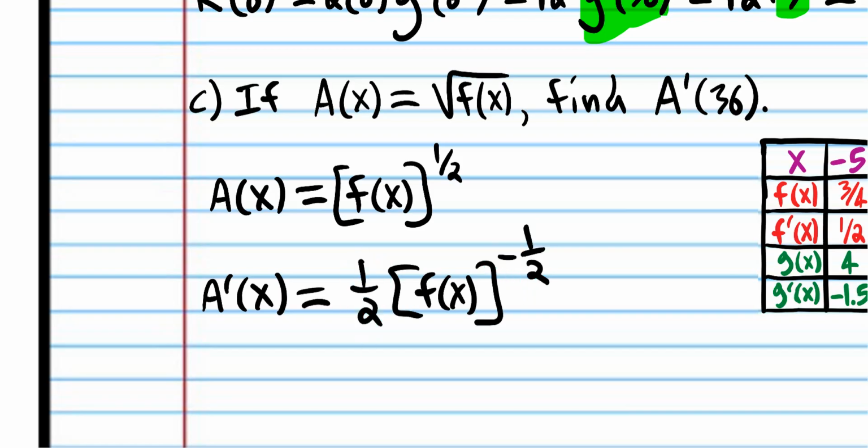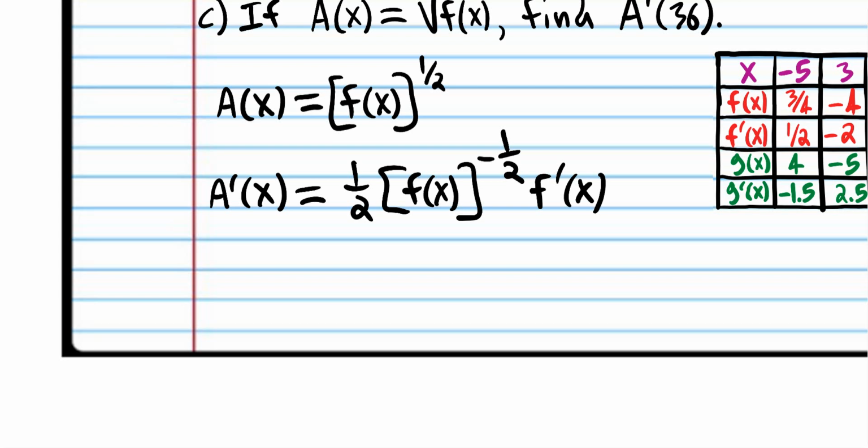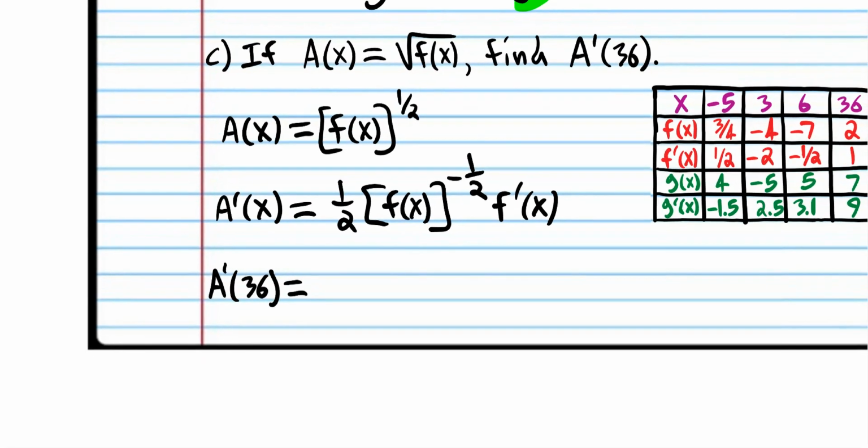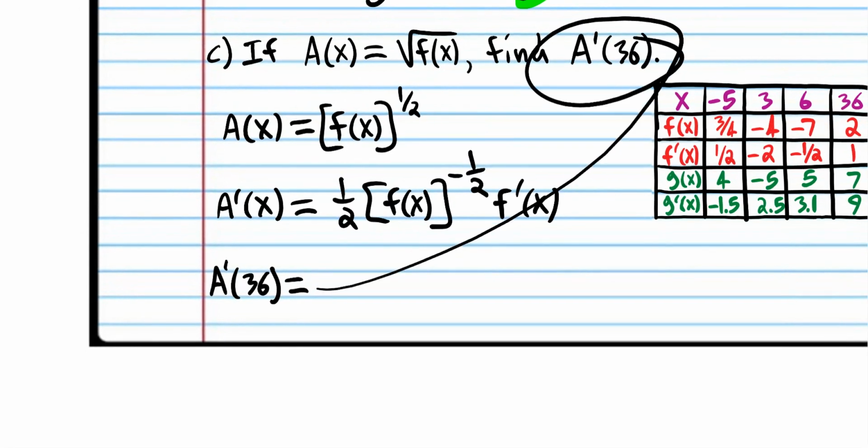That's step number 1. Step number 2 is to keep the inside function. Notice f of x doesn't change. Step number 3 is to multiply by the derivative of the inside function, and of course that's f prime of x. Okay, so now all we have to do is find f prime of 36. We're going to replace x with 36, because again, that's what we're looking for.